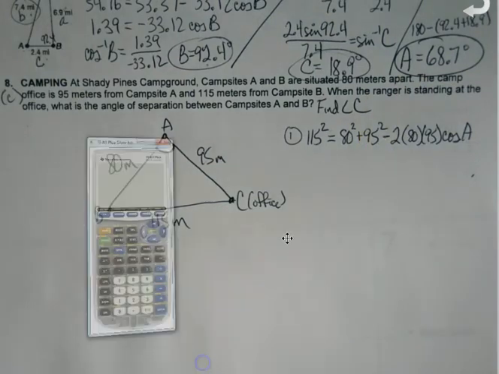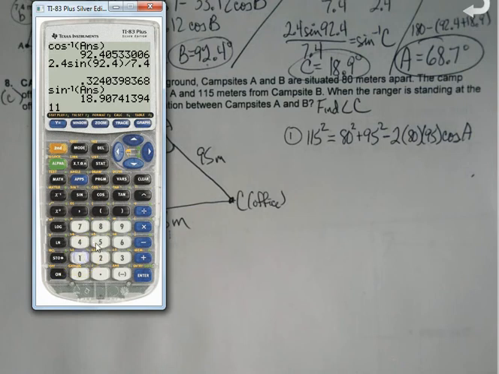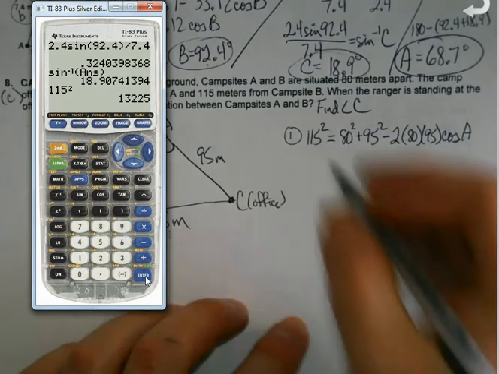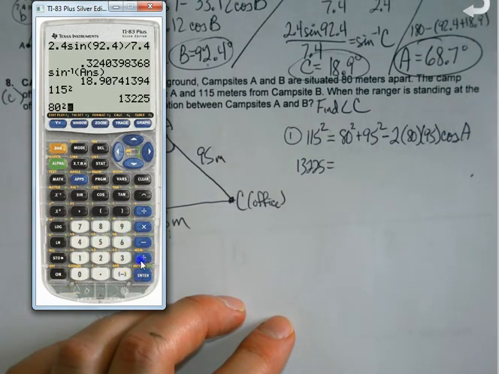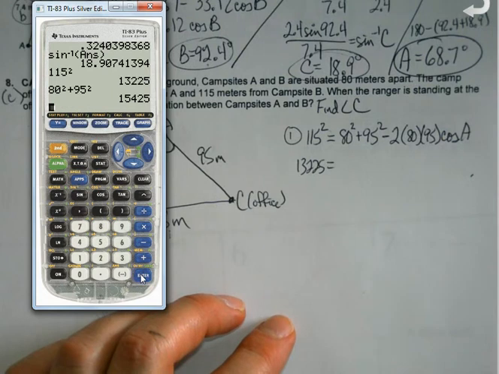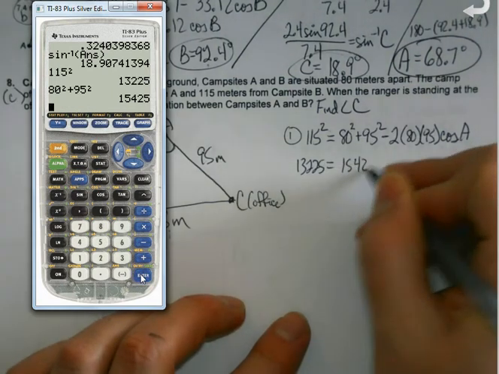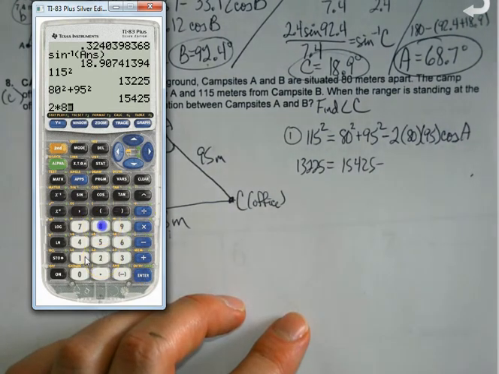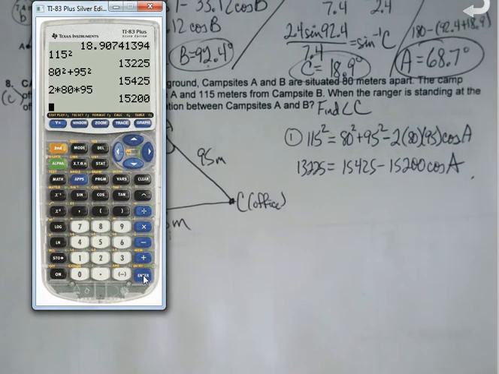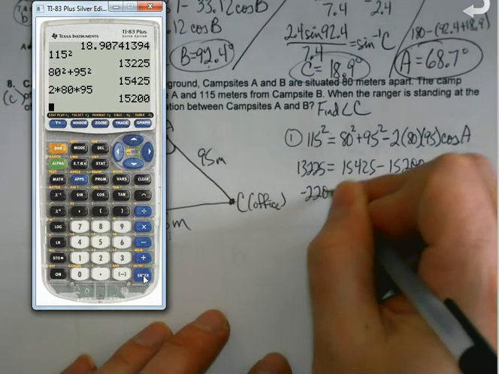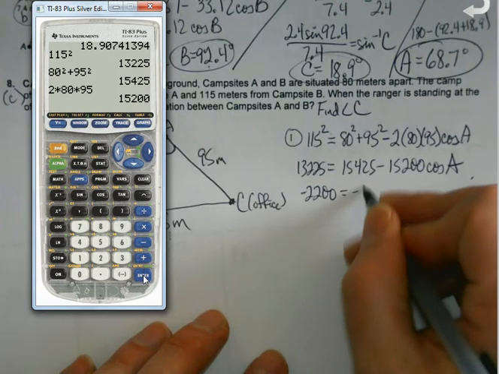Then we jump into our maddening calculations. And again, as long as I make sure I just subtract the 15,425 first, and don't try to do anything fancy like combine like terms, because there aren't any, I should be in pretty good shape.